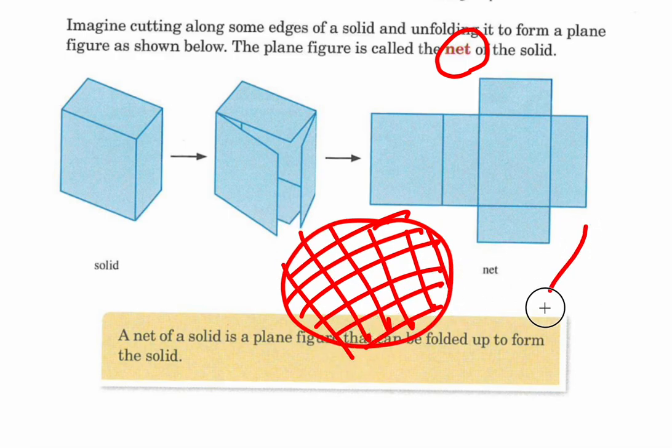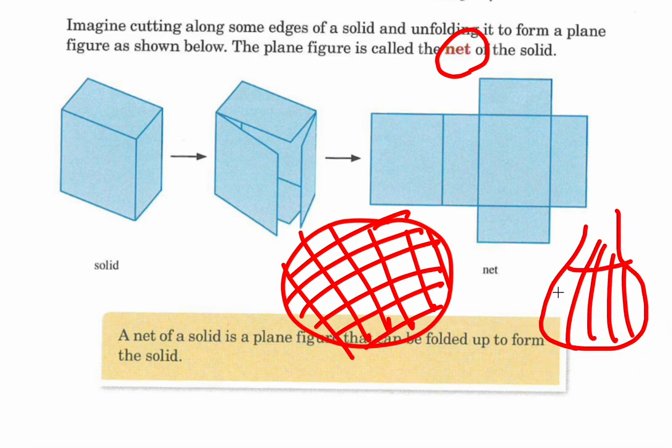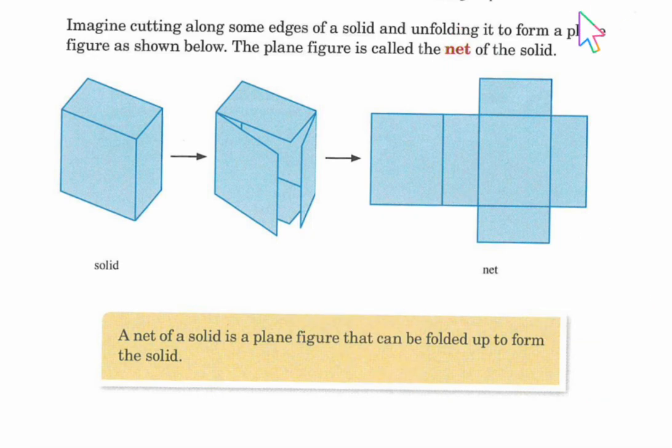And then when you close it up to actually catch your fish, that's like your solid three-dimensional figure. So one is open and one is closed. When it's open, it is two-dimensional because it can lay flat. And when it's closed up, it is three-dimensional because now we have volume and we can contain stuff inside. So that's just where the word net comes from.